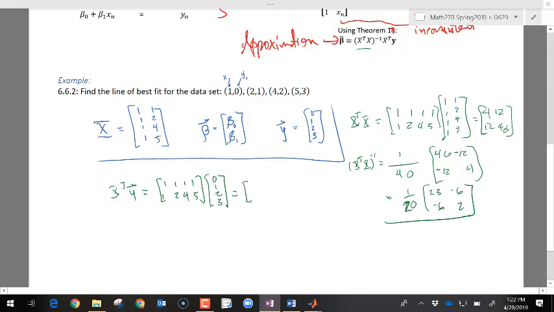This is a 2 by 4 times a 4 by 1, so the result is going to be a 2 by 1. We have 1 plus 2 plus 6, and 2, 8, 10, 25.